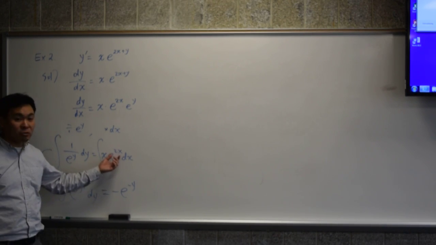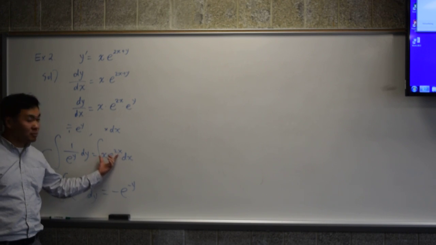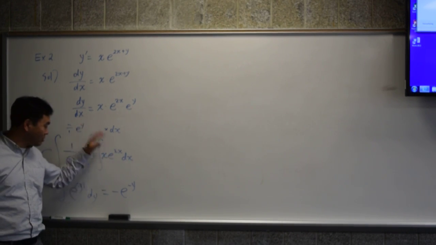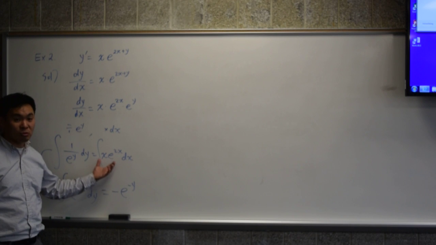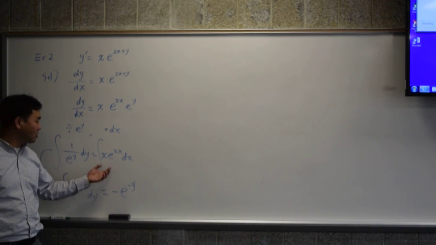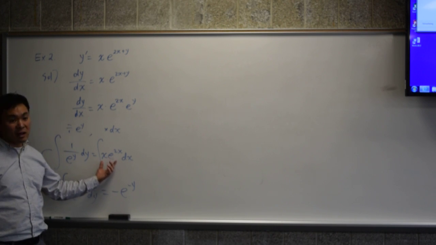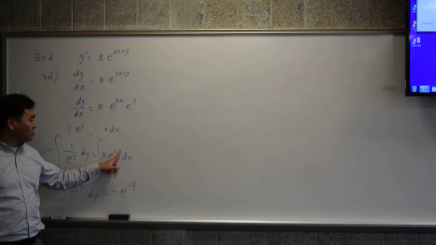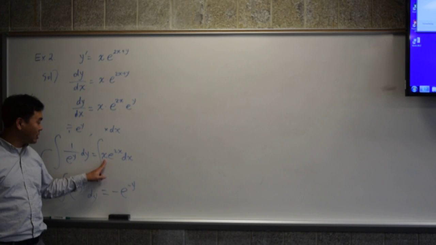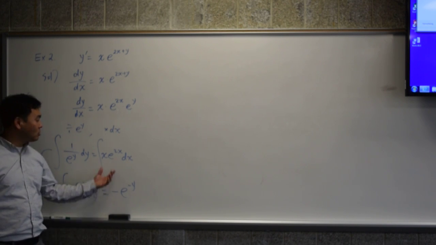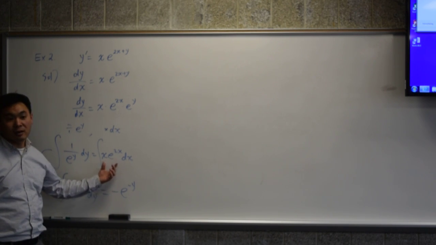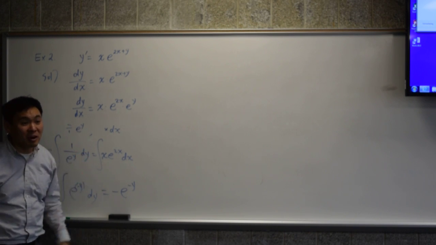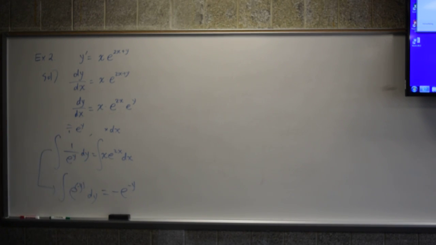If you try to integrate something that was made up by some chain rule, then undoing the chain rule is exactly the u-substitution. It's not of that form. If you differentiate 2x, you get 2, which is not the same as this. So this requires what? By parts. Integration by parts. That's what you need.